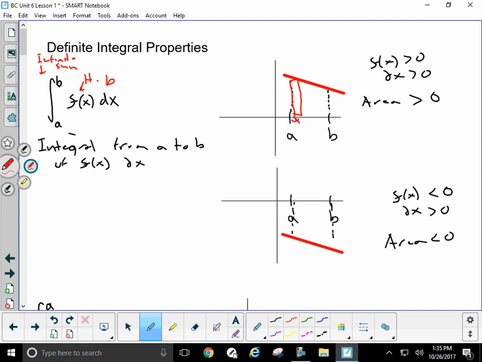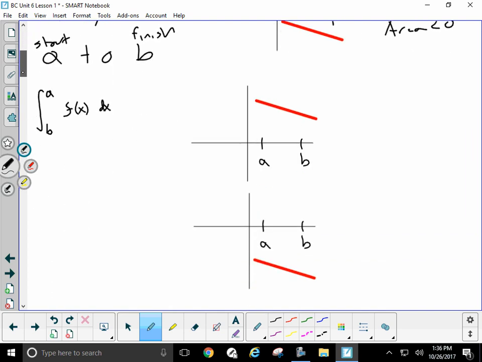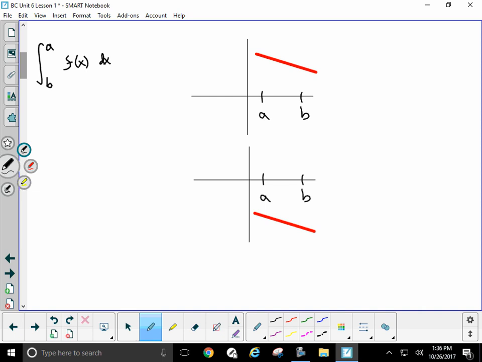Good question. When is dx positive, or when is dx negative? Well, the key is the order matters with a and b. Okay? This is read from A to B. So you start with A and you finish with B. Watch if I flip it like this.